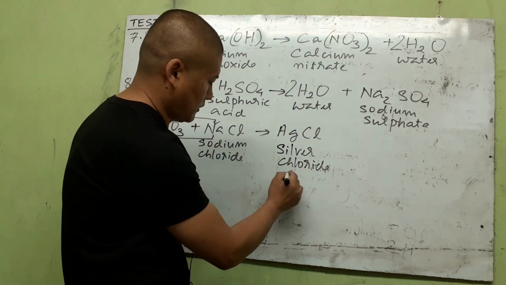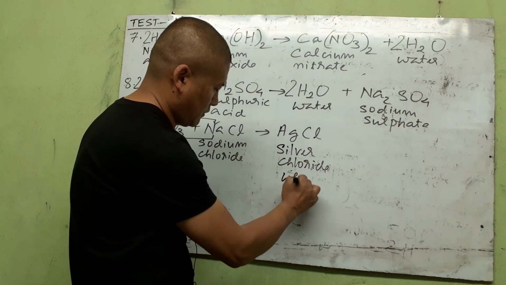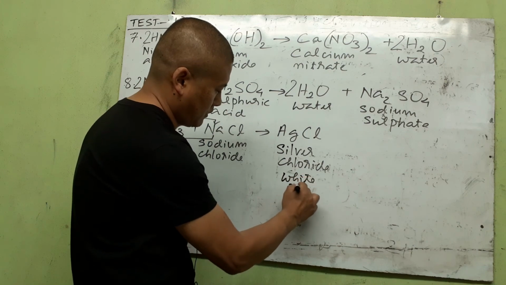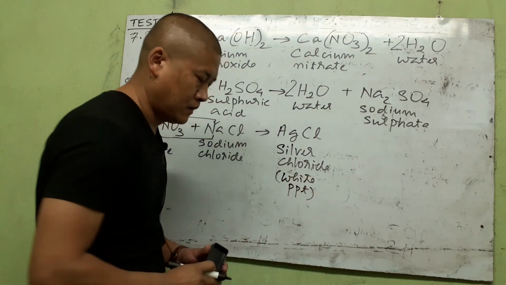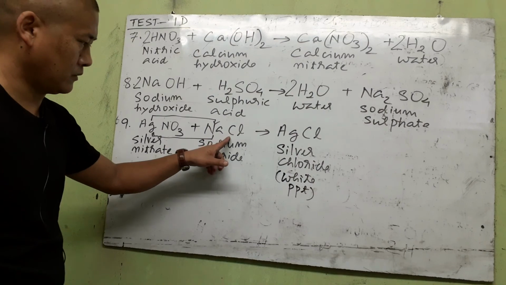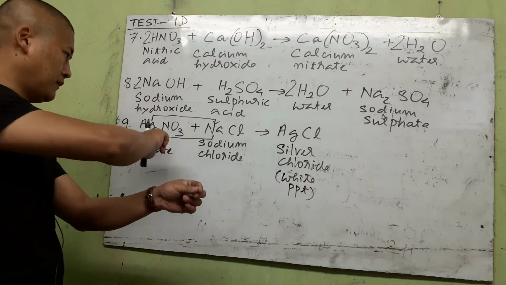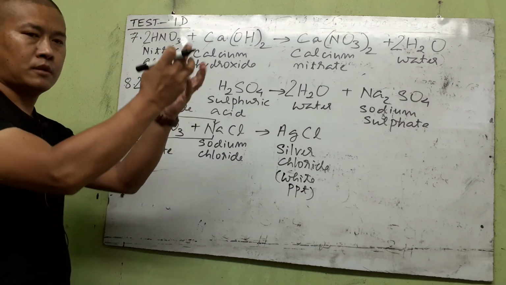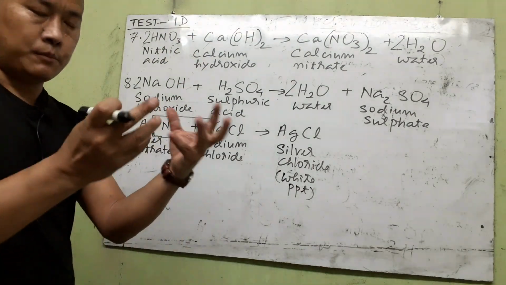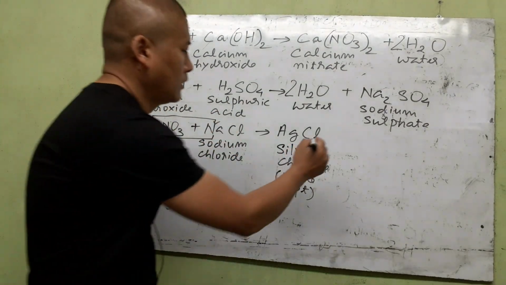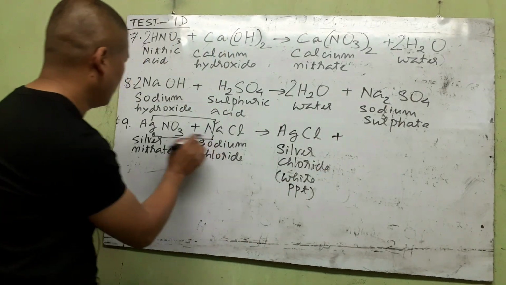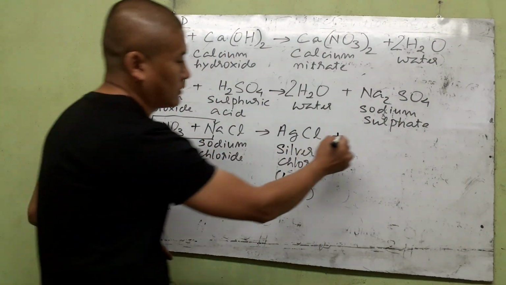When you mix these two, white PPT. So pour this sodium chloride into silver nitrate solution and immediately the white precipitate will appear. So it's a fast reaction. And then this Na will replace this, means NaNO3, right?